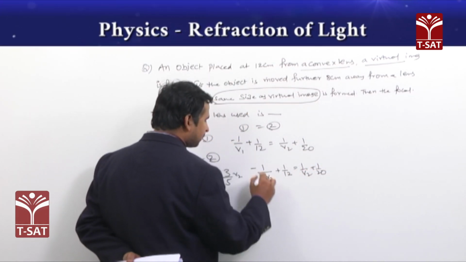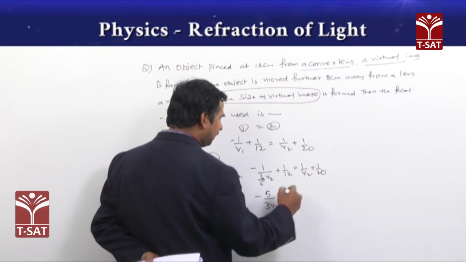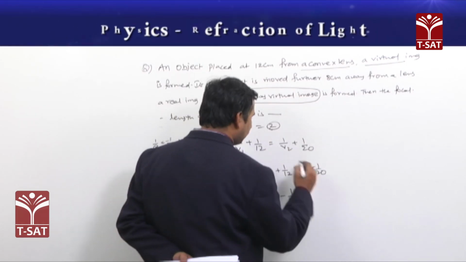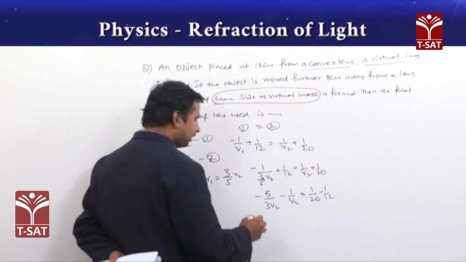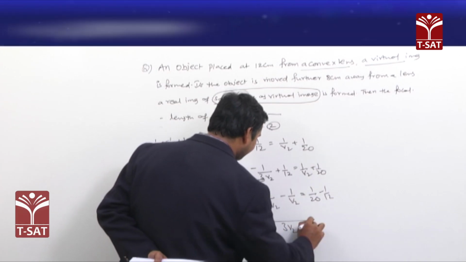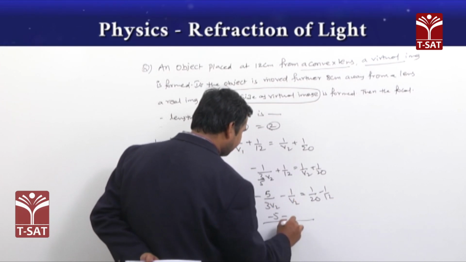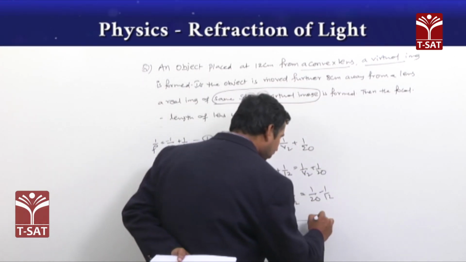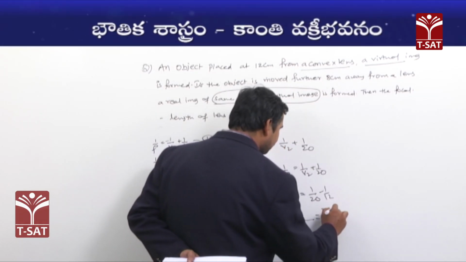Here the 5 comes to the numerator, so minus 5 by 3V2, and bringing V2 to this side, 1 by 12 going to that side becomes minus 1 by 12. Then taking the LCM of 3V2 and V2, it becomes 3V2, with minus 5 and minus 3, equal to 20 and 12, whose LCM is 60, so 3 minus 5.